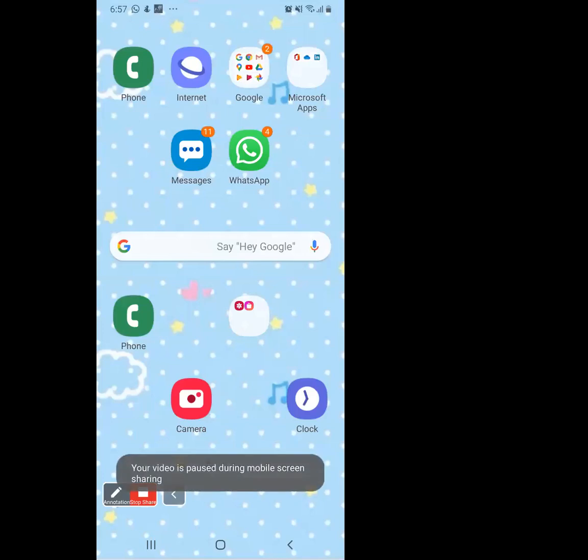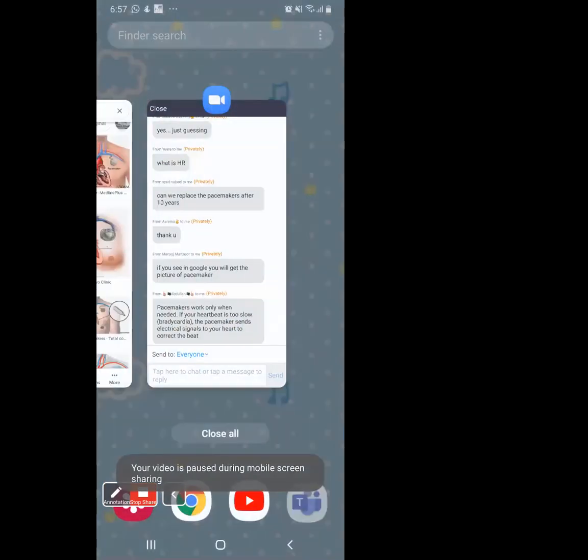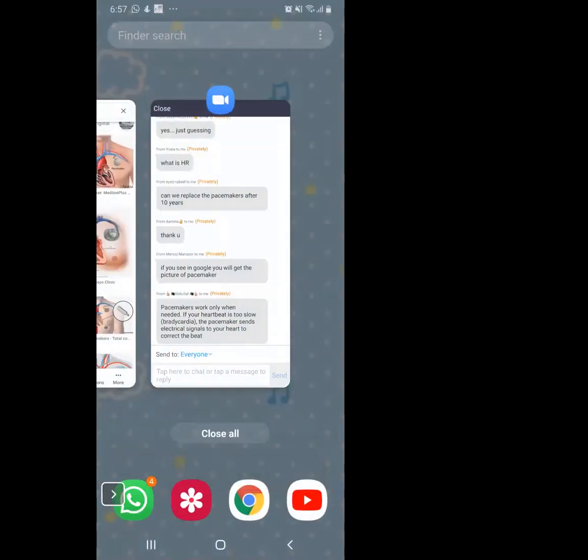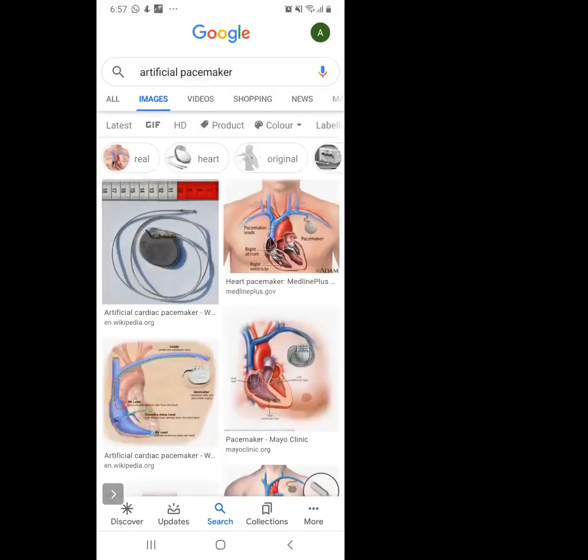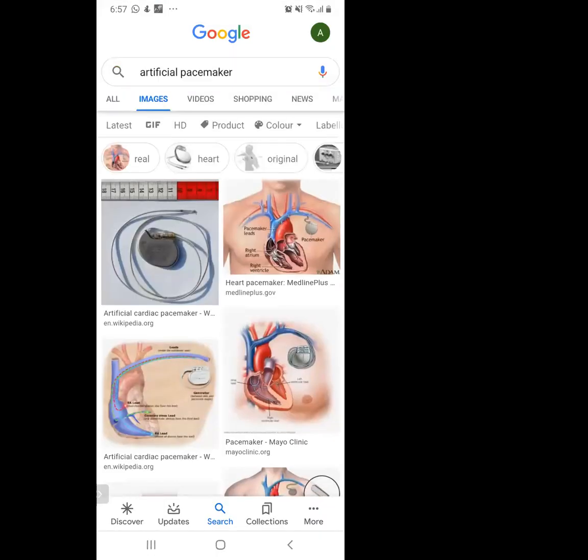Yeah, okay, this is what I got. Am I sharing my screen with you? Okay, wait. This is what I got. You can do this on your own as well. Just write down artificial pacemaker.